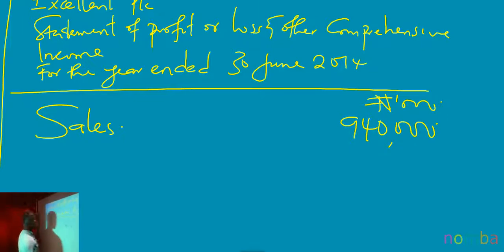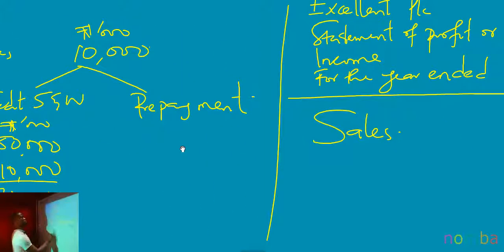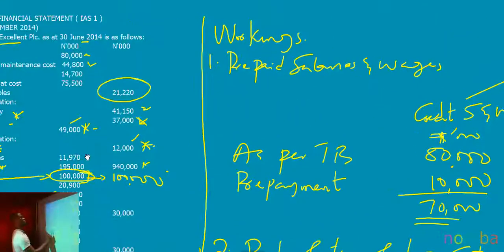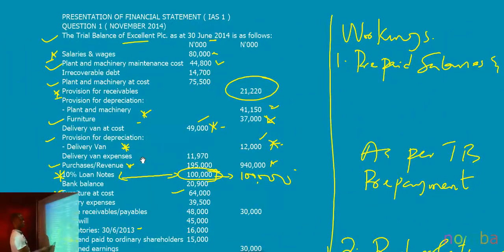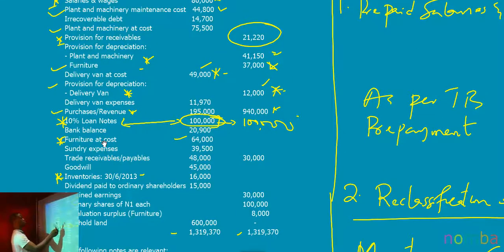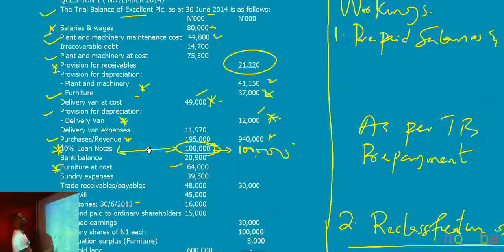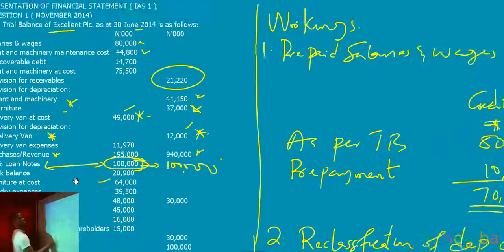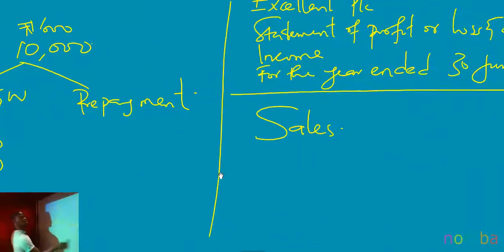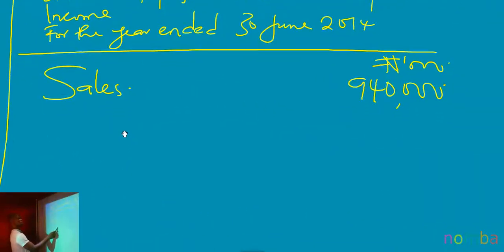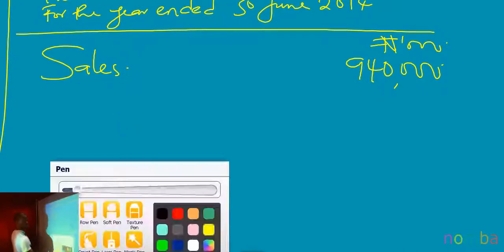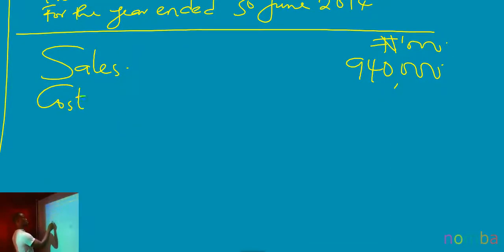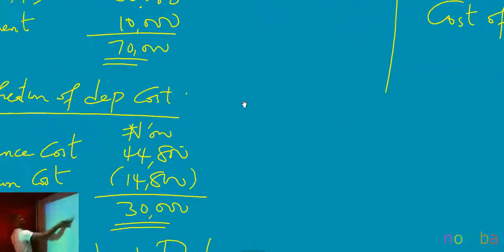If there are any returns inwards, that has to be deducted. We don't have returns inwards. Then we'll deduct our cost of sales. We have to work that out.